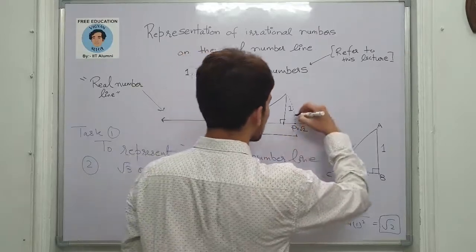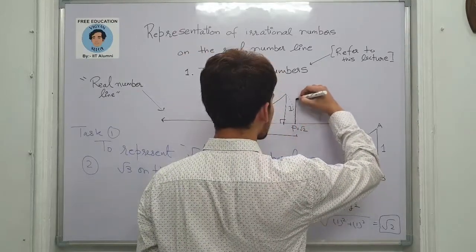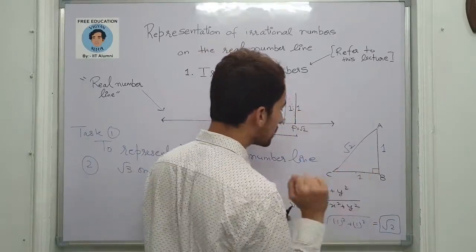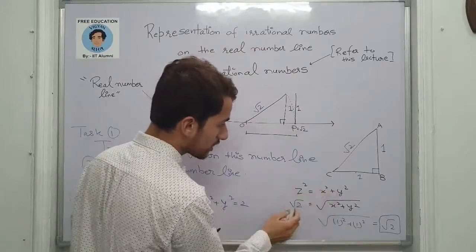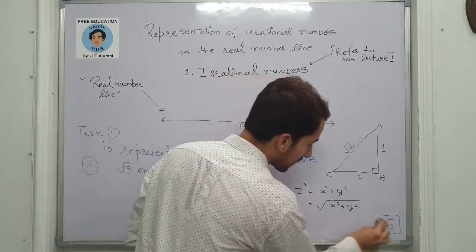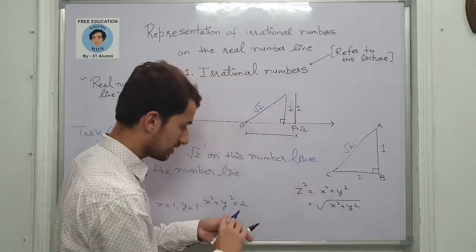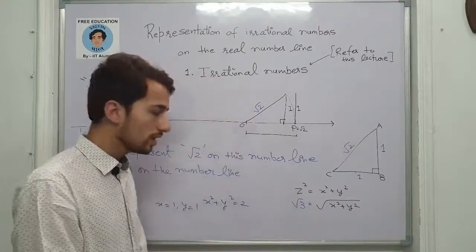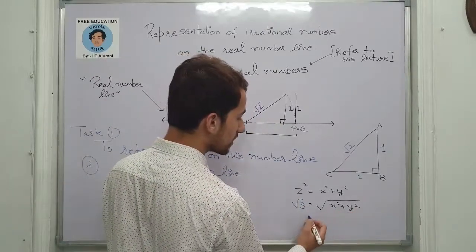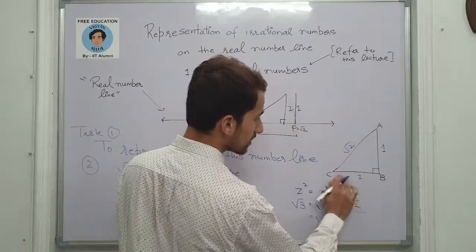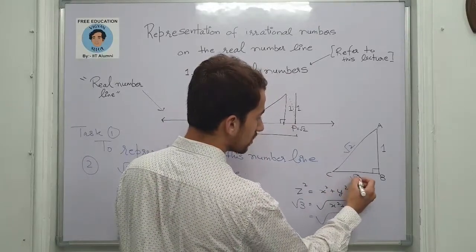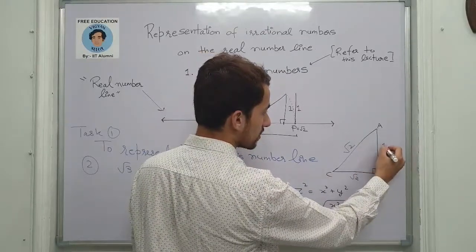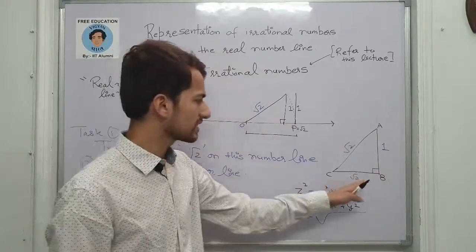Again, using a similar approach, I take this height to be 1. I have to choose x and y so that this side becomes the square root of 3. So what are the possible choices? If I choose the base x to be the square root of 2 and y to be 1, you can interchange them, that is not a problem.